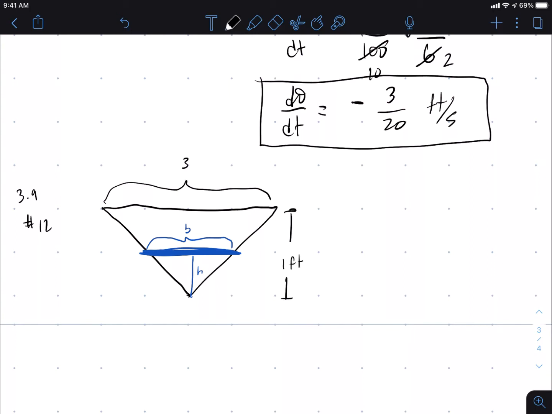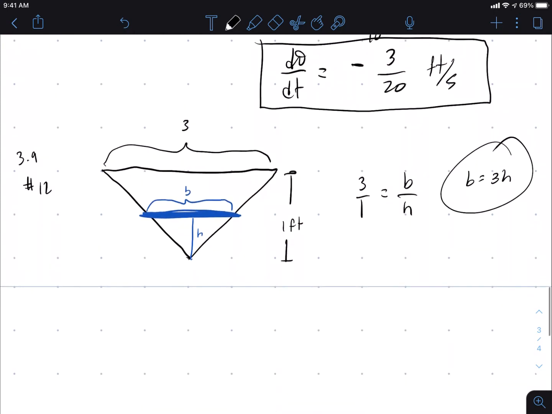Is that what you have? Okay, so the ratio of the triangles is going to be 3/1, which should equal base over height. This will eventually be used for substitution, so the base is 3 times the height. Remember that.